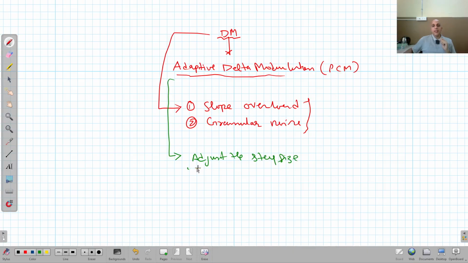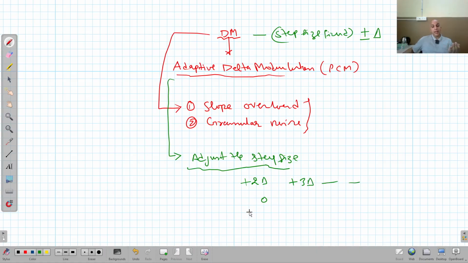In delta modulation the step size was fixed: it is either plus delta or minus delta. Here we will adjust the step size according to the requirement. It can be plus 2 delta, plus 3 delta, or any value, or it can be 0, minus 2 delta, minus 3 delta, and so on.